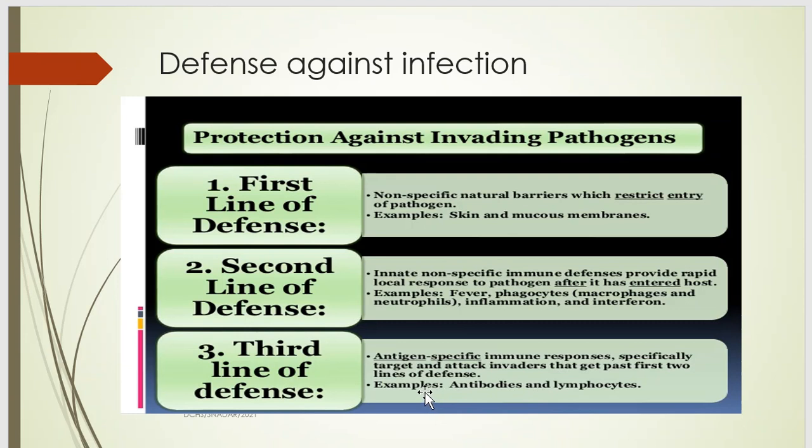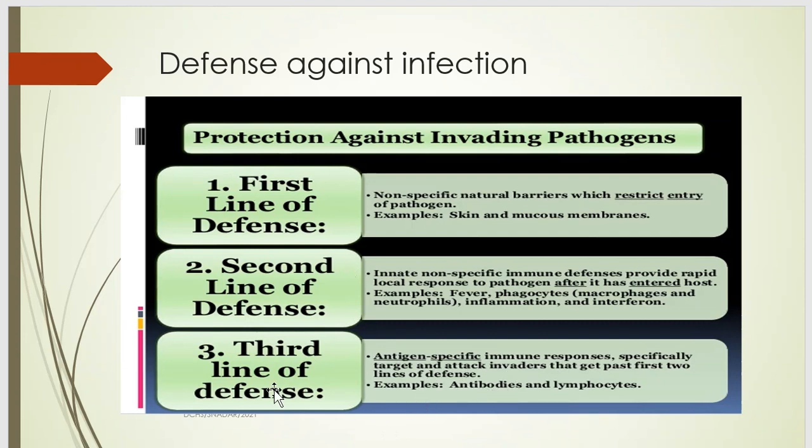Then if the real pathogen gets in, these antibodies will go and fight and destroy the invading pathogen. The third line of defense is really helpful to get a specific immunity against a particular pathogen.